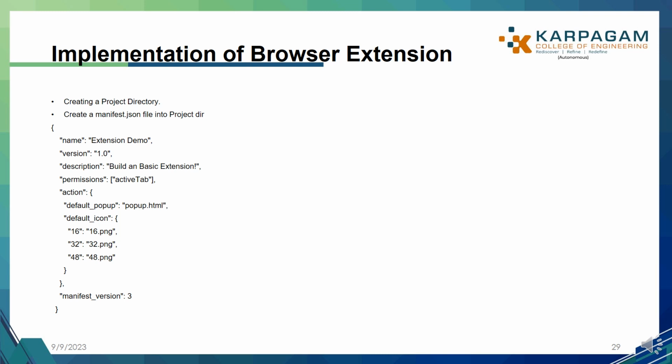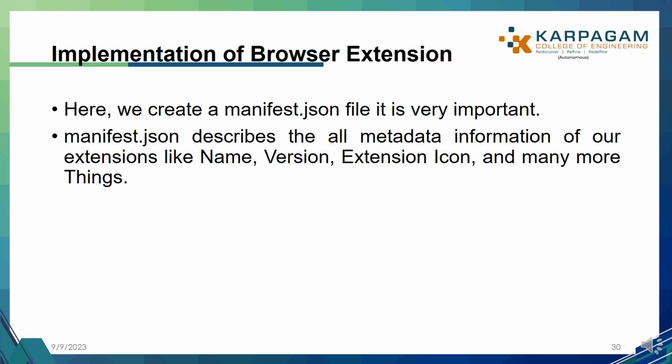And when the user clicks the browser extension, what action has to be done is mentioned inside the action key. Here, when I click the browser extension, it will display the content which is available in the popup HTML, and the icon sources should be mentioned here. Finally, just mention the version of the manifest file.